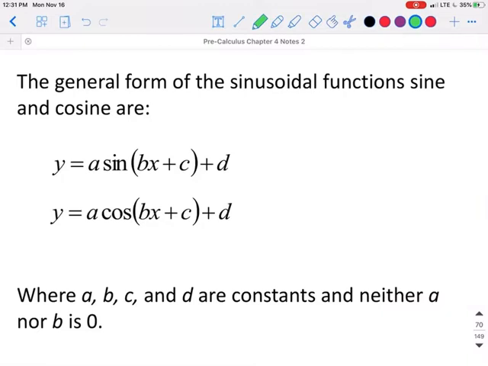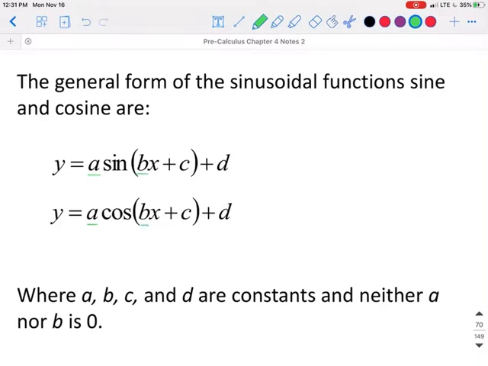Now the equation for sine is y equals a times the sine of (bx plus c) plus d, and cosine is a times the cosine of (bx plus c) plus d. Now remember that the a value is telling you about your amplitude, and that tells you how far above or below that midline your graph will go.